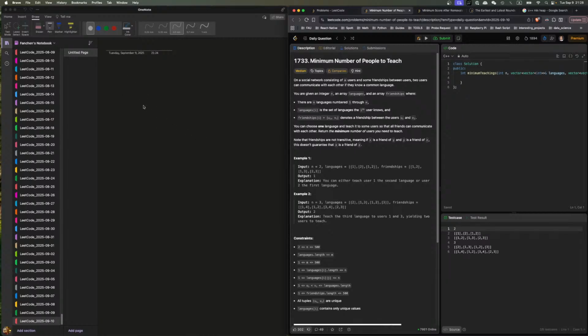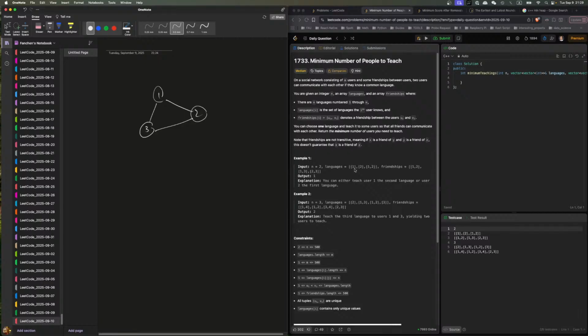N equal to 2. What is n again? N is a number of languages. So we have 2 languages, right? So we have node 1. 1 will go to 2, and 1 will also go to 3, and 2 go to 3. But that's the friendship. And then we put language on top of it.